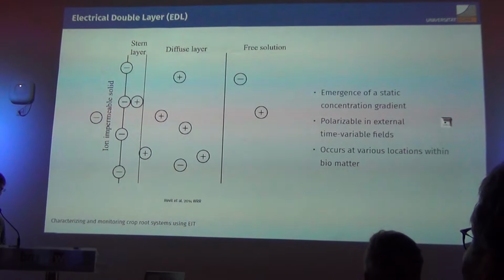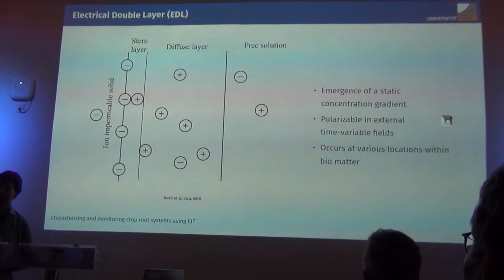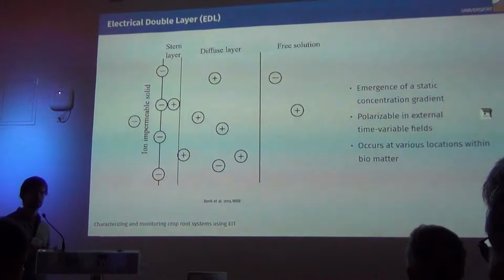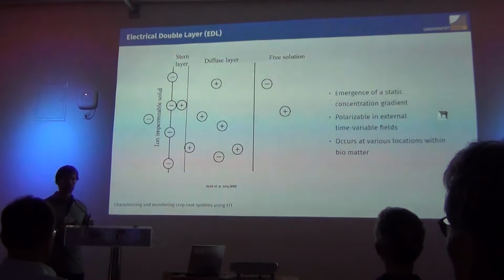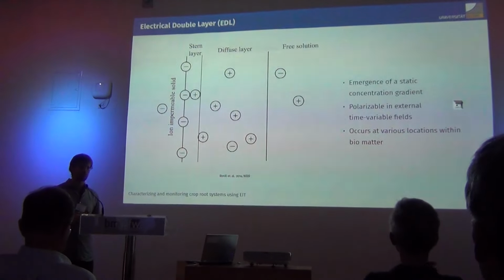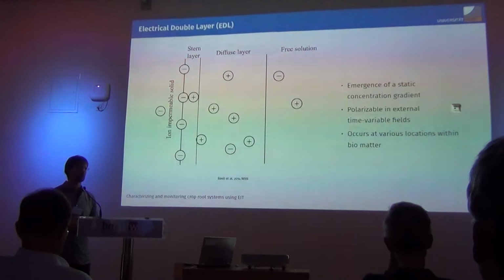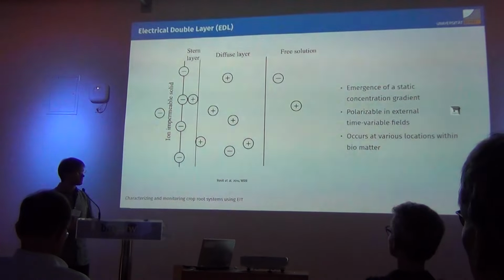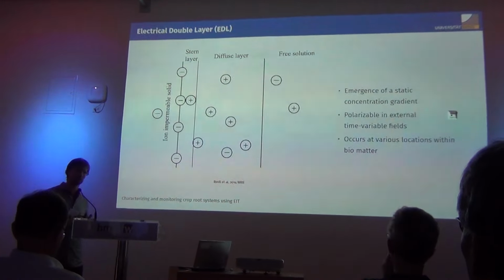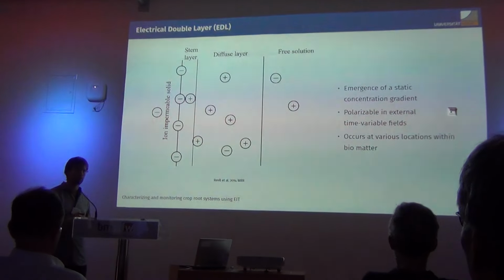Our basic understanding of all kinds of polarization effects taking place in the frequency ranges that we are interested in, that is, frequency bands below a few kilohertz, is that they are basically all related to the electrical double layer, the stable concentration gradients forming at charged surfaces of water.